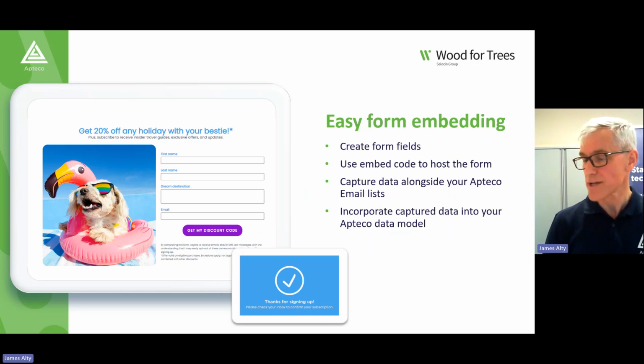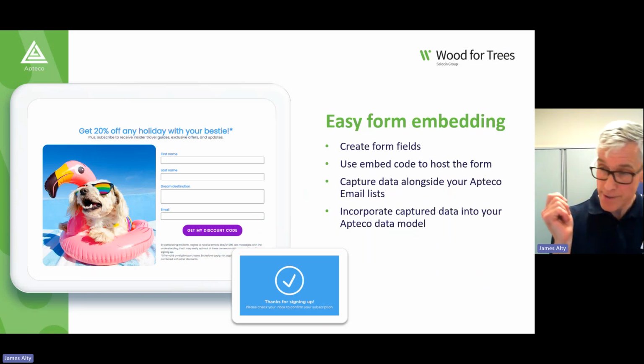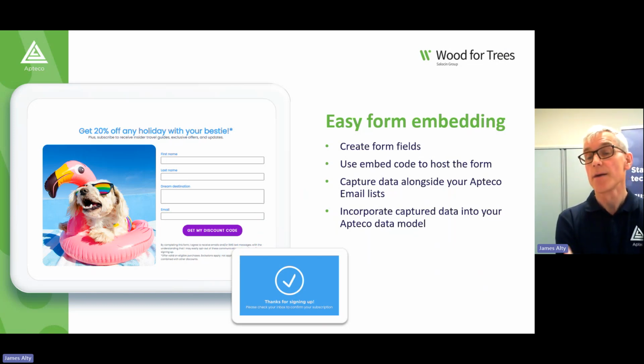And if you've worked on a content management system, whether it's WordPress or Drupal or Adobe or something else, there's very often a mechanism to insert some embed code. And we simply give you that text to copy and paste, put it into your CMS, and then that form will appear as part of your site wherever you wish to host it, and will post data from there whenever somebody completes it and send it back to the Aptico marketing platform.